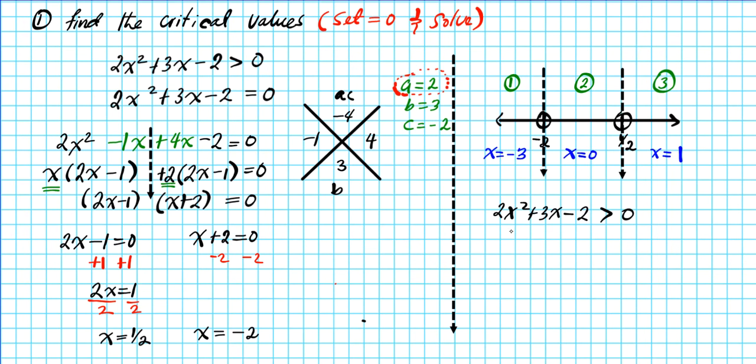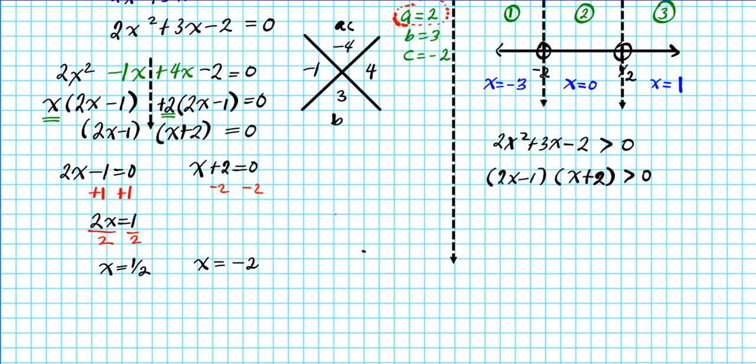Okay? So it's easier to work with the factored form of this inequality. We already have it factored here, so we can express this as 2x minus 1 times x plus 2 greater than 0. Okay? Alright, let's go ahead and proceed with our test.